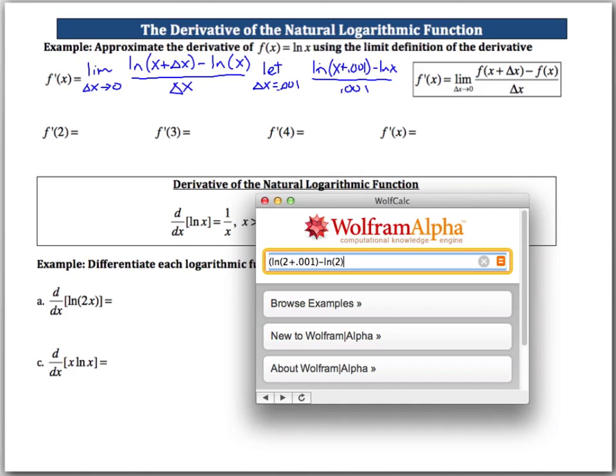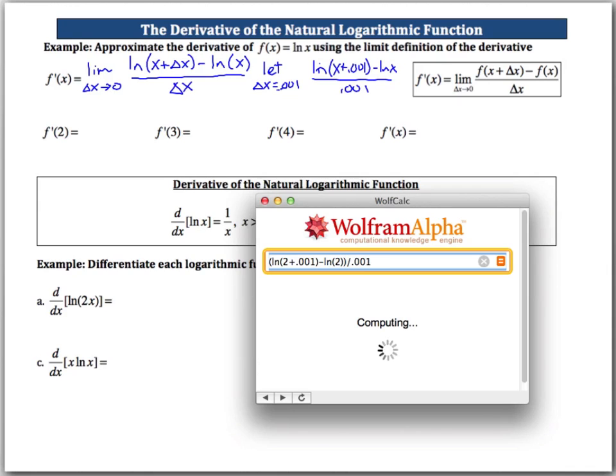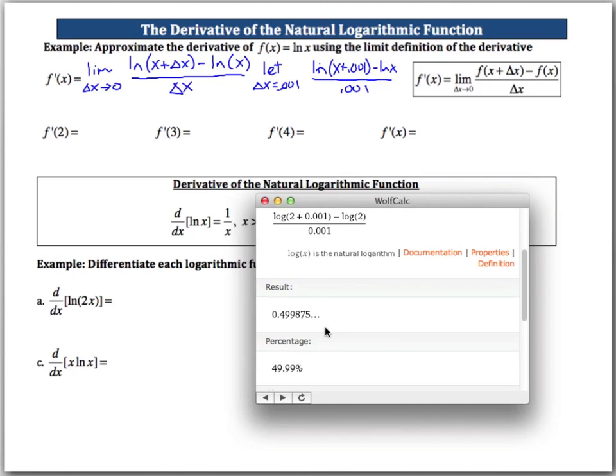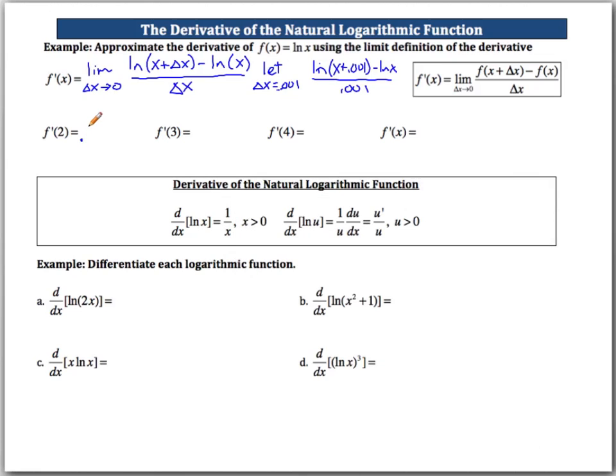We'll close the parentheses for the numerator and divide it by 0.001. And here we get a result of 0.499875. So I'll just put 0.4999. Okay, let's try this again with 3 and 4. You can try that on your own and see what you come up with.